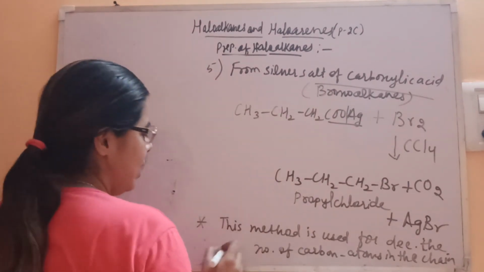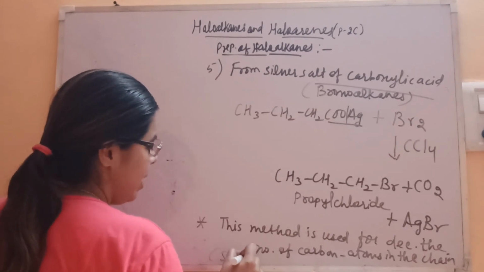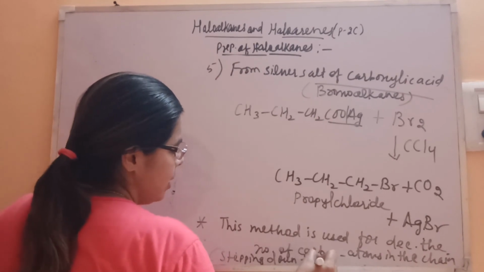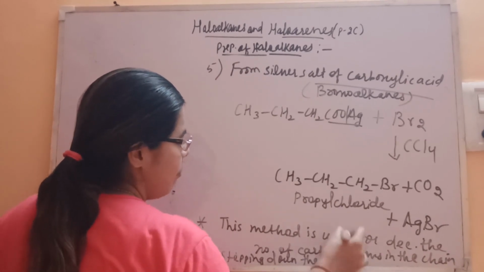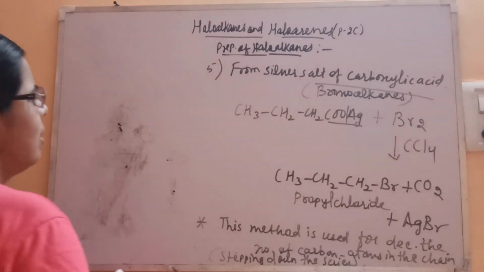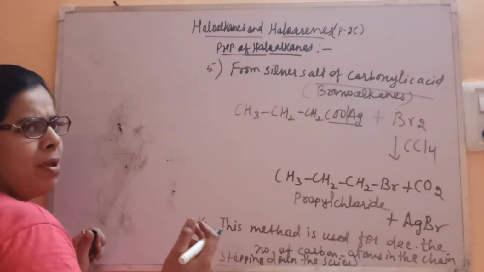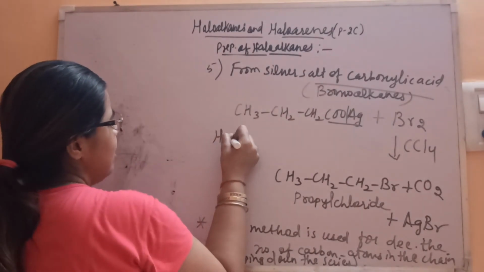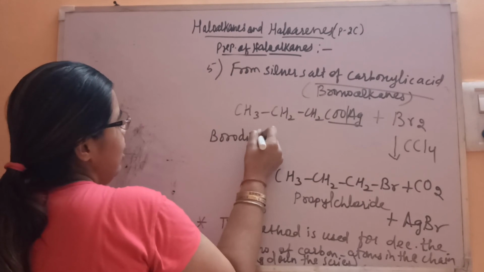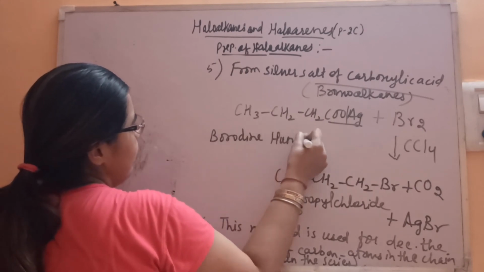It is also known as stepping down the series. Stepping down the series, and stepping up we'll see later on. And this is also a name reaction, not that common, but the name reaction is there: Hunsdiecker-Borodin reaction.